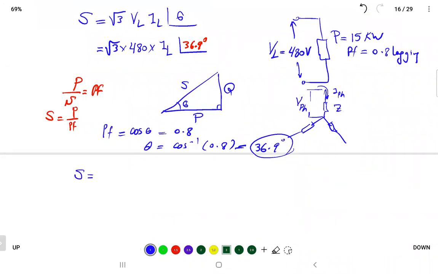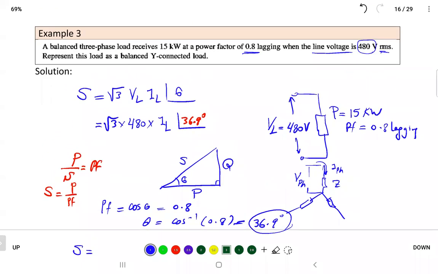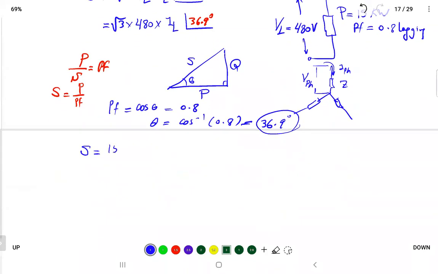So S, the apparent power, is equal to power, which is equal to 15 kilowatts, divided by the power factor, which is 0.8. So I have 15,000 divided by 0.8.